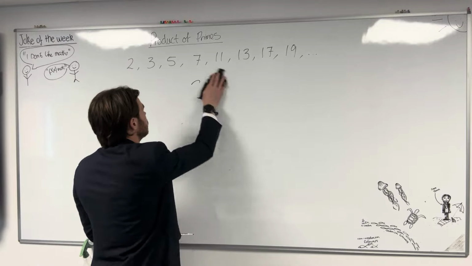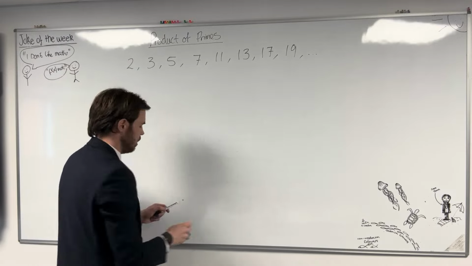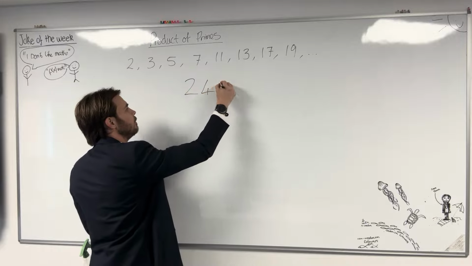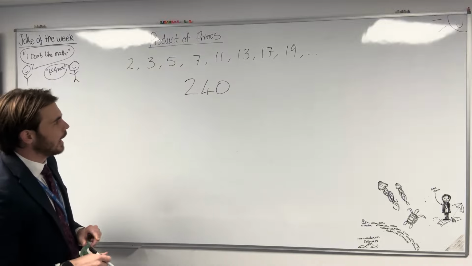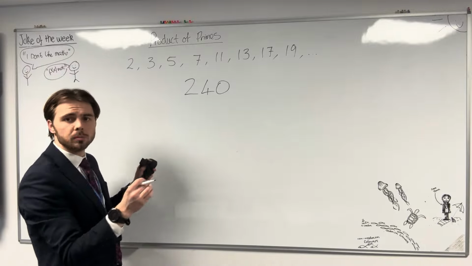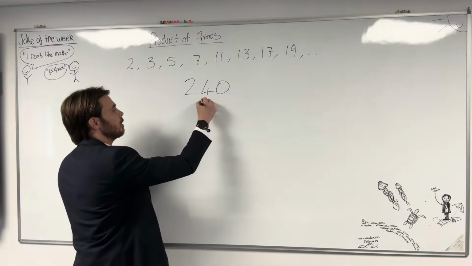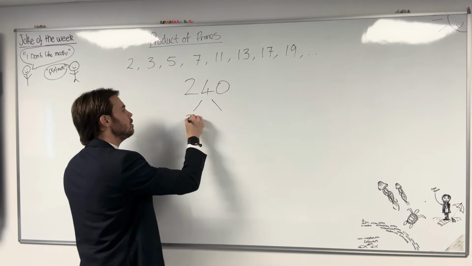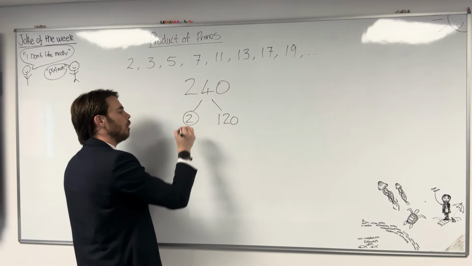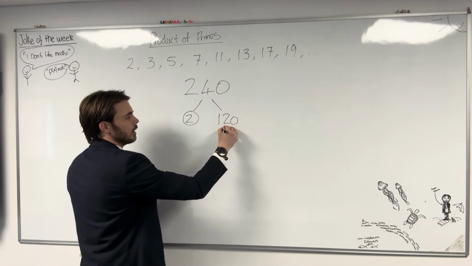Let's do a bigger number now, 240. Now what I want to do is break this apart into multiplication. So let's do the classic. Let's break it into 2 and 120. The 2 is now locked out. Now I've got to break the 120 down.